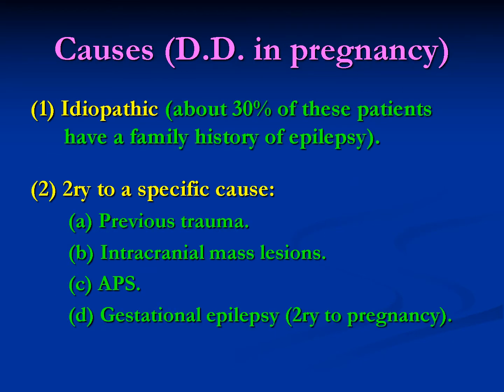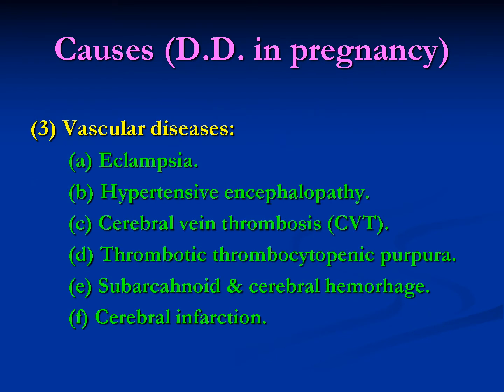Differential diagnosis of seizure or convulsion during pregnancy: idiopathic, or secondary to a specific cause like trauma, intracranial mass, and antiphospholipid syndrome, or gestational epilepsy secondary to pregnancy. Vascular disease like eclampsia, hypertensive encephalopathy, cerebral vein thrombosis, thrombotic thrombocytopenic purpura, subarachnoid hemorrhage, and cerebral infarction.